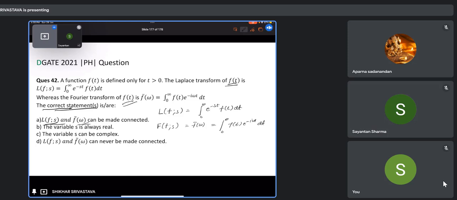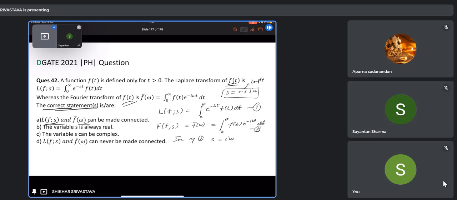As I discussed in the starting, if in equation 1 we replace s with j omega, because s is a Laplace operator which has both a real and an imaginary part, so it is complex in nature.